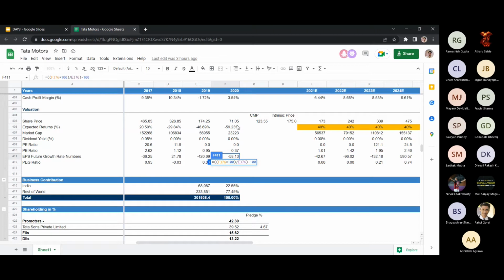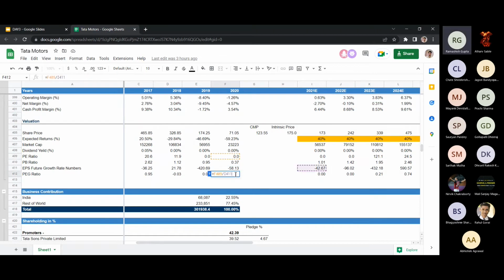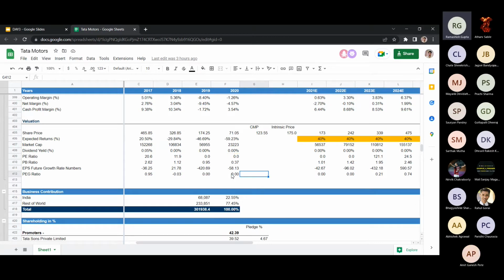And next is PEG ratio. For that, we use the PE ratio. When this sheet was made, we had information only till 2020, and we came up with a number for 2021, and then we divided them both and got a PEG ratio. A PEG ratio of zero means the investment is kind of risk free, and there are very high chances that the stock will go up.